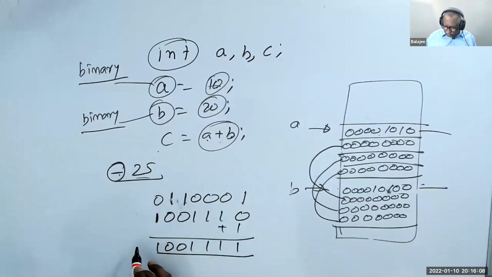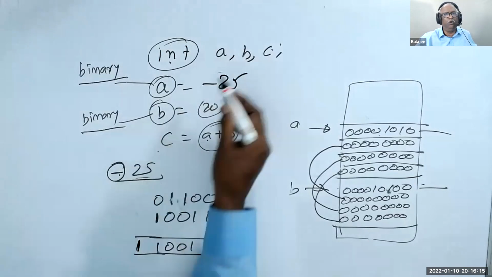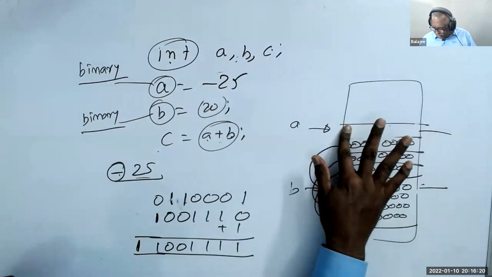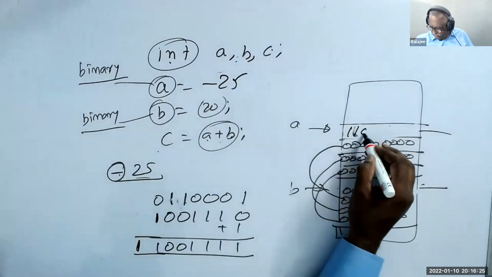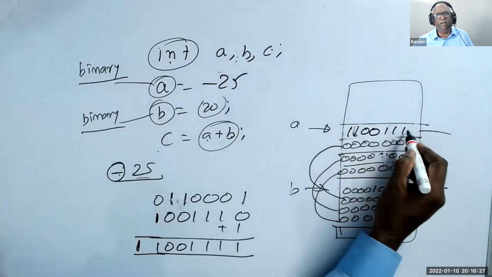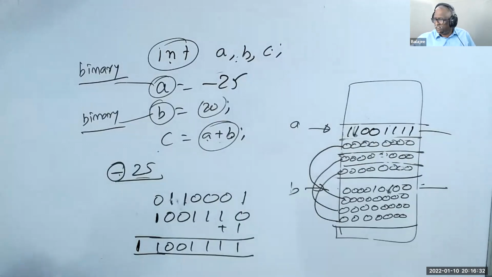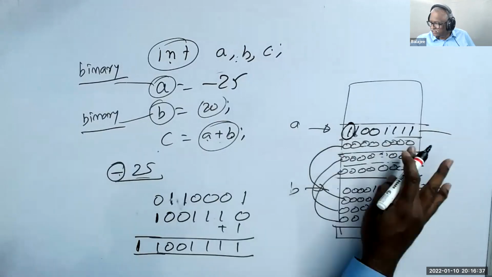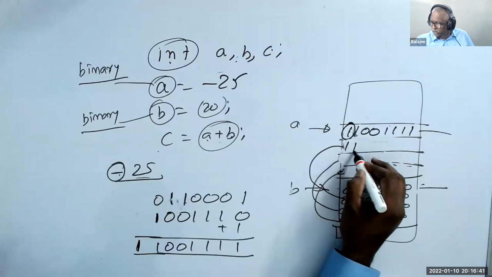But you put an integer, so when you put A equal to minus 25, what will that do? It will put this number here, but the remaining 3 bytes he will not fill with 0. Whatever your sign bit is, 1, will be filled here, so all will be 1, 1, 1, 1.